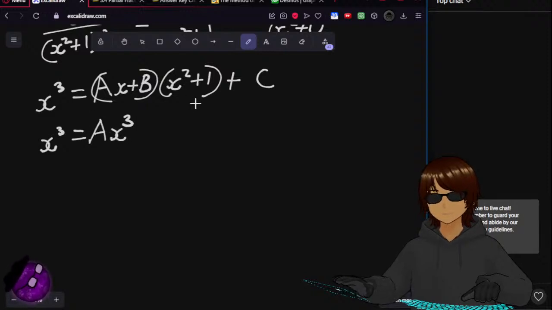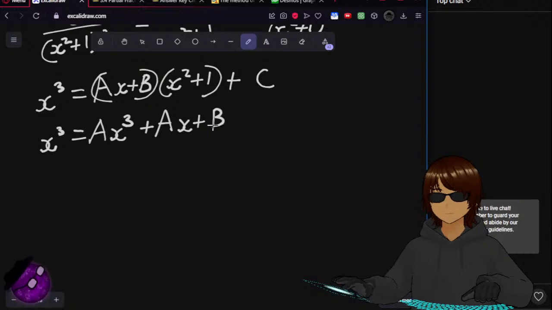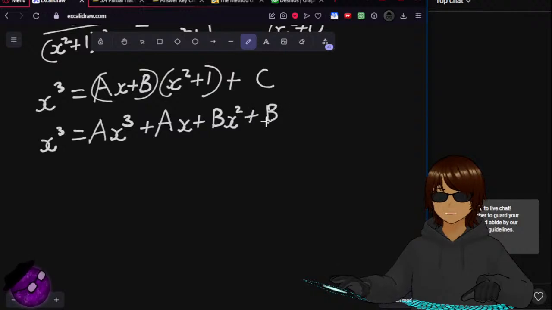Ax cubed plus ax plus bx squared plus b plus c. A has to be 1, right?